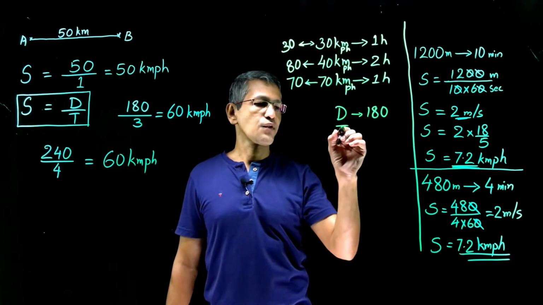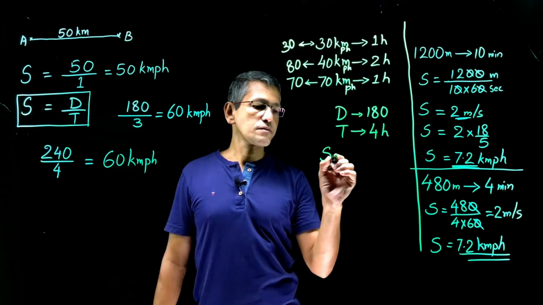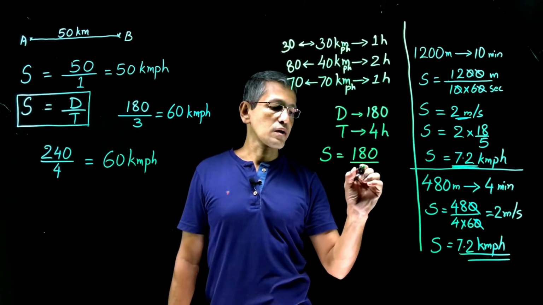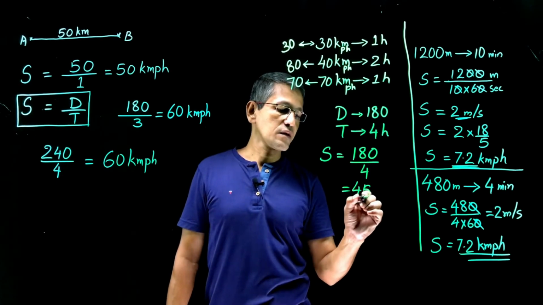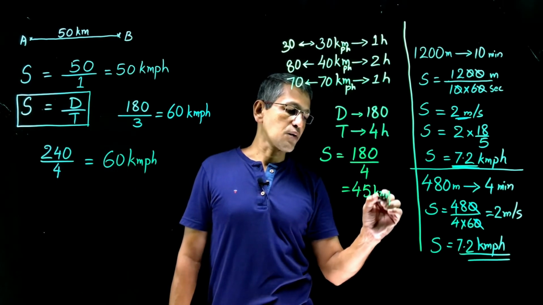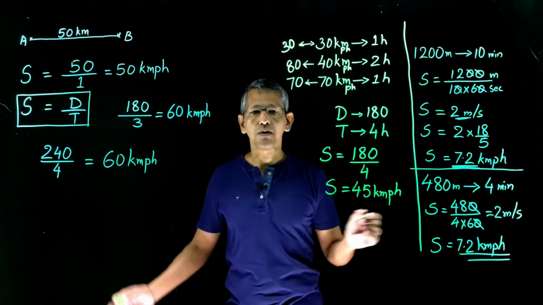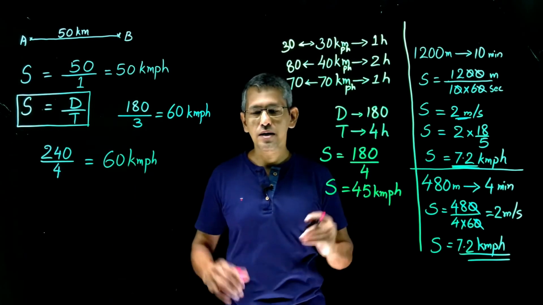So time, 4 hours. So what is the speed? Average speed is equal to 180 by 4. So 180 by 4, it's what? 45 kilometers per hour. So the average speed is 45 km per hour. Simple question, right? We'll go for one more question from this area.